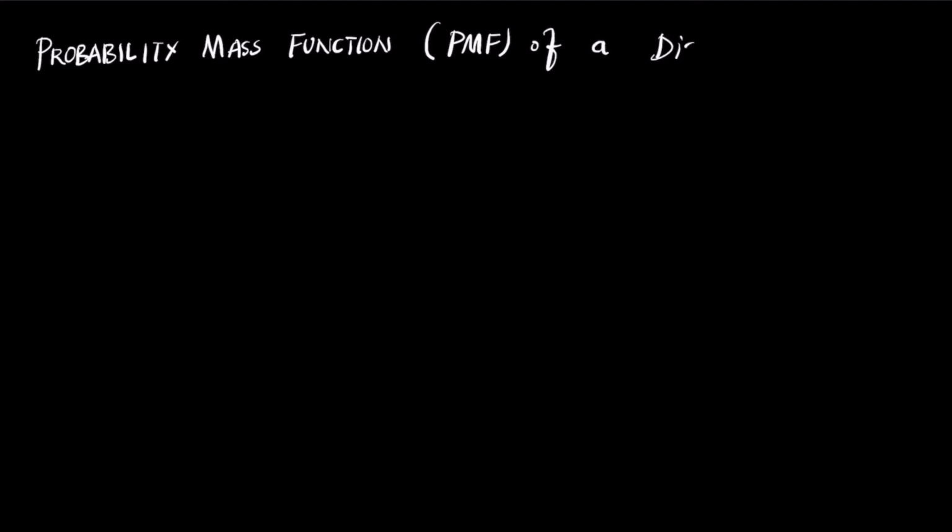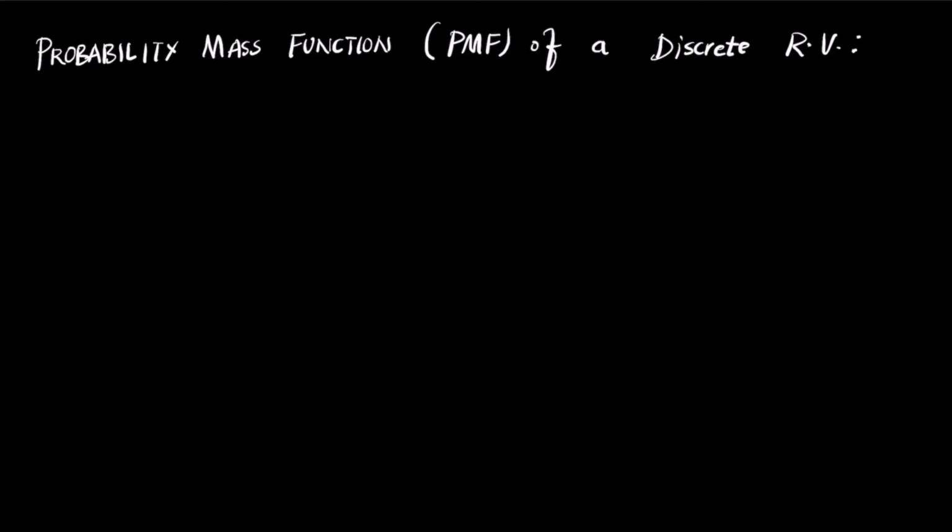probability mass function, or PMF, of a discrete random variable. I'm going to write RV as the short form for random variable. So what is a probability mass function?